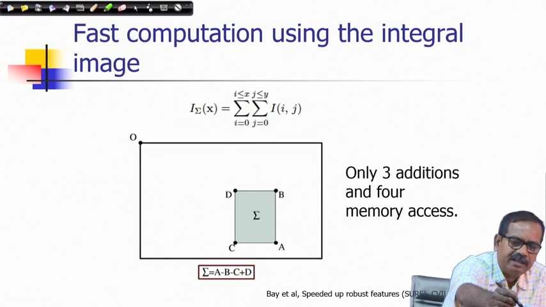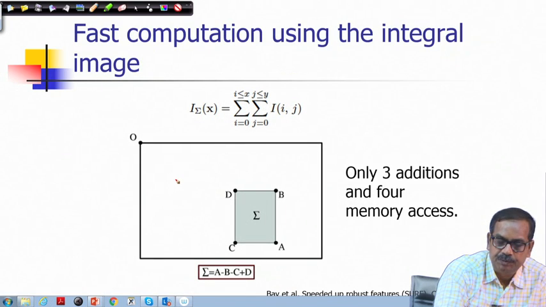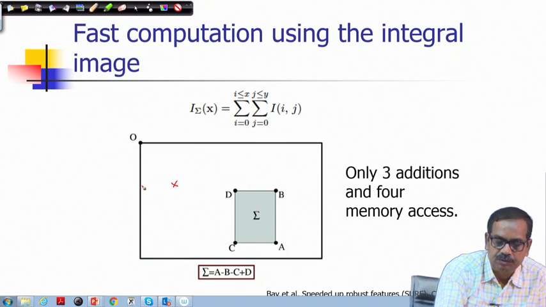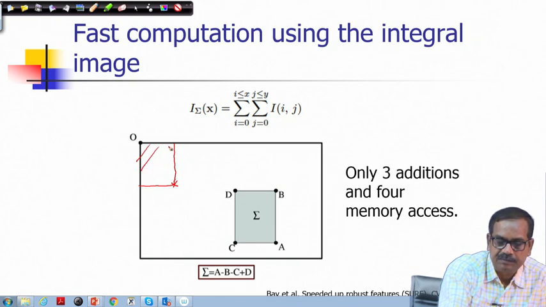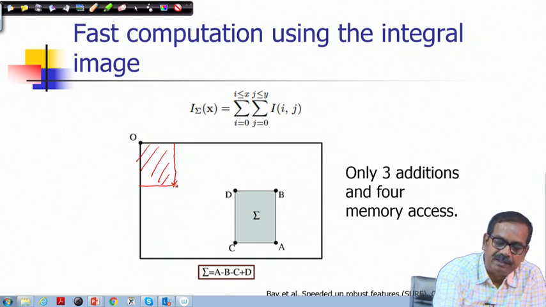So, it is something like that: over this image at every point, suppose I would like to compute the integral value at this point. What I have to do is compute the sum of pixel values in this particular region, and that value will be replaced here.